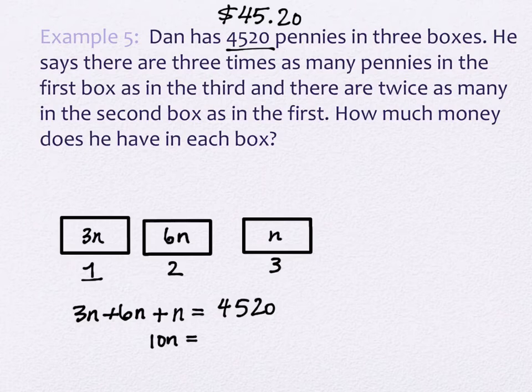It's 10N. So what would we need to do in order to divide 4,520 by 10? Yep, divide by 10 on both sides. So what I'm going to show you is a true fact, and I know you know it, but I want to give you a caution: you need to be very careful that when you do it, you state specifically why it's doable. I can cancel the zeros on the end, right?